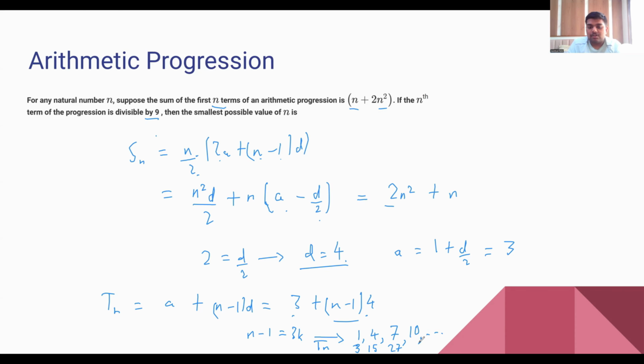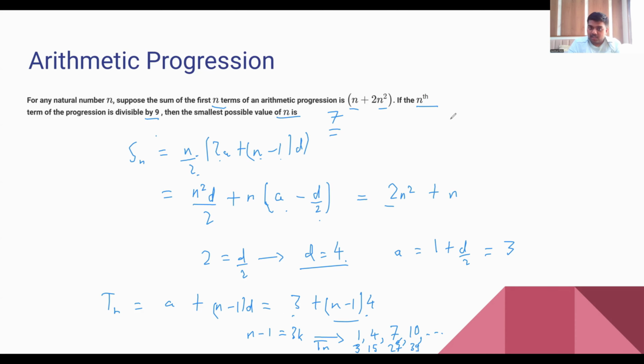Then for n is equal to 10, it is 36 plus 3, 39. And so on. Now see, nth term is divisible by 9. So 27 is divisible by 9. So the minimum possible value of n is 7. So this was the longer way to solve this question.